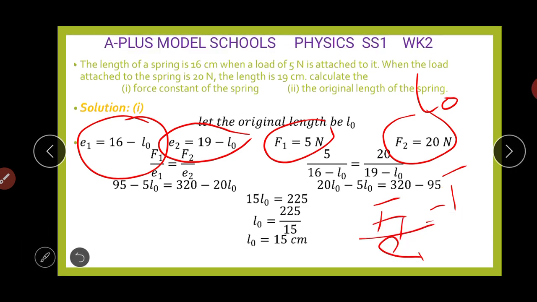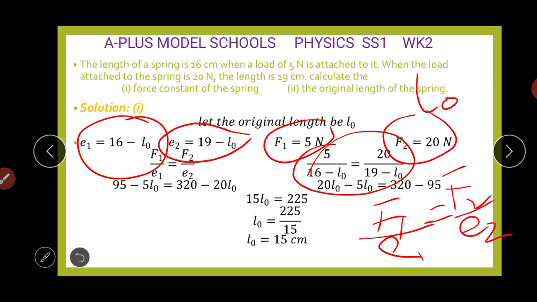We have force 1 to be 5 and force 2 to be 20. Substituting into the equation, we have 5 over 16 minus L naught equals 20 over 19 minus L naught. That is F1 over E1 equals F2 over E2.